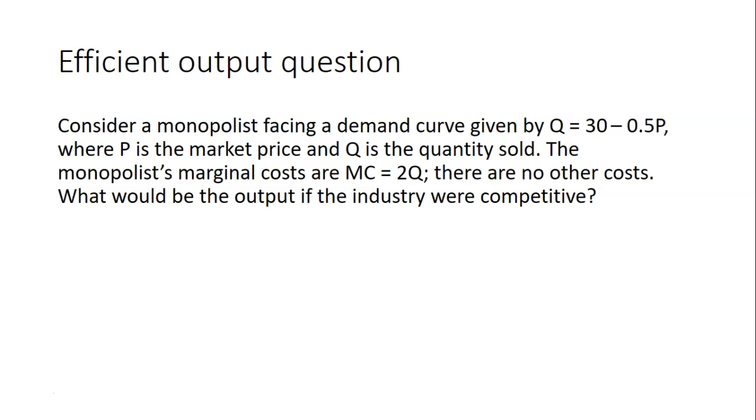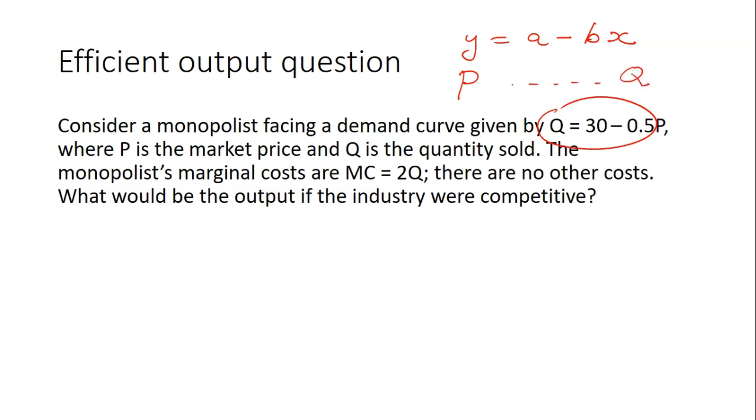Before we go any further, we need to fix up this equation here, because it's not quite in the form we want. We want a linear equation which says y equals a minus bx, where y, the vertical intercept variable, is price, and the horizontal intercept variable, the x variable, is q.